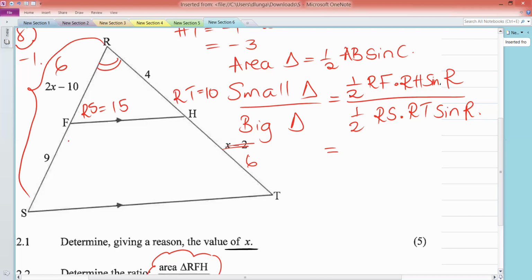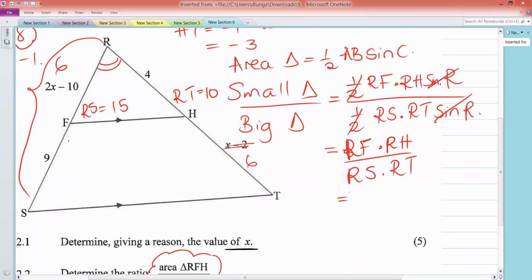is 10. So the two halves, can you see they're going to cancel out? So we don't need to use those anymore. The sine R's are also going to cancel out. Now all you're left with is RF times RH over RS times RT.